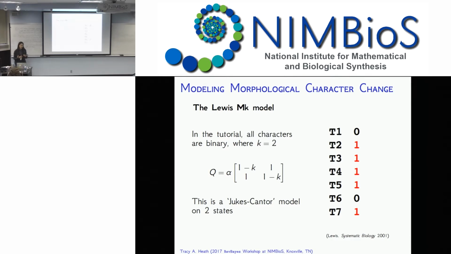But one thing that makes it really hard is that we don't have strict general models for morphological character evolution. So maybe there are other ways of applying morphological data in these analyses.